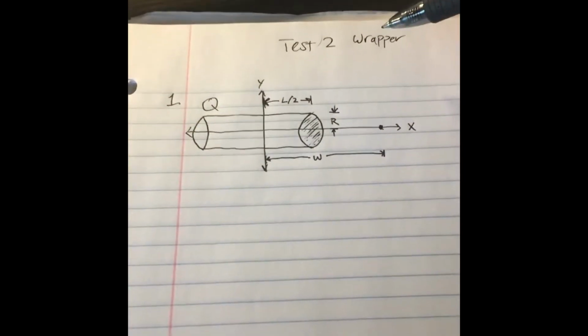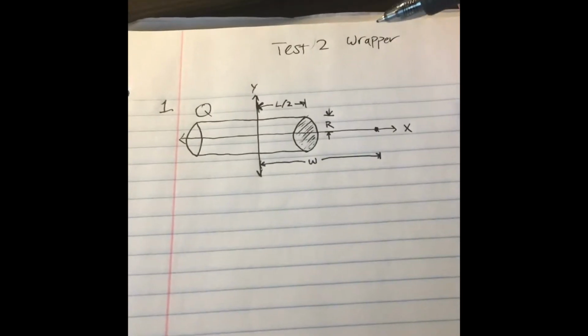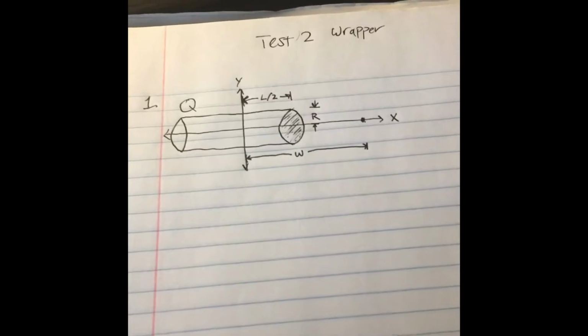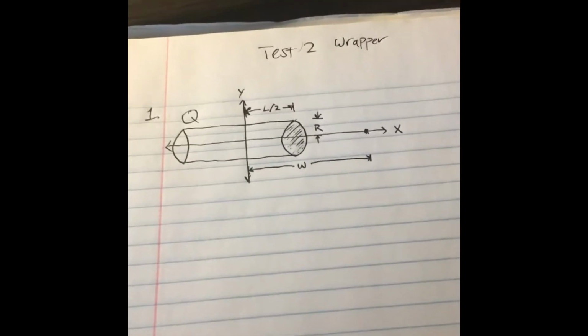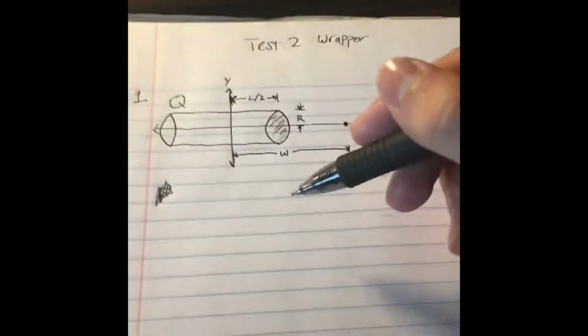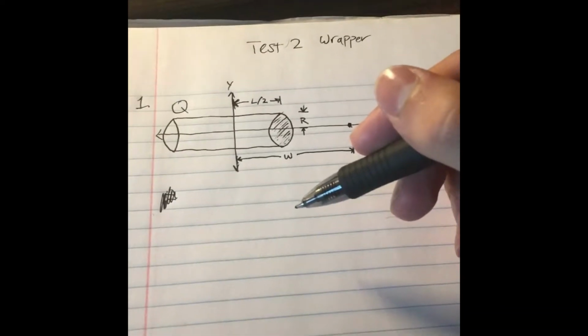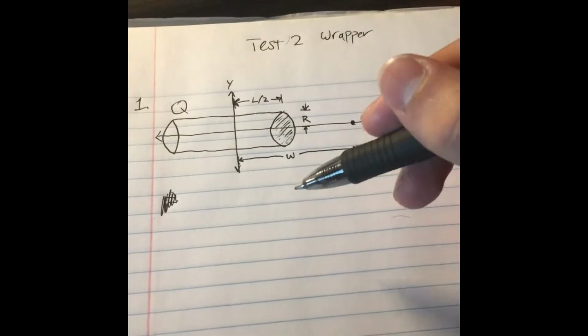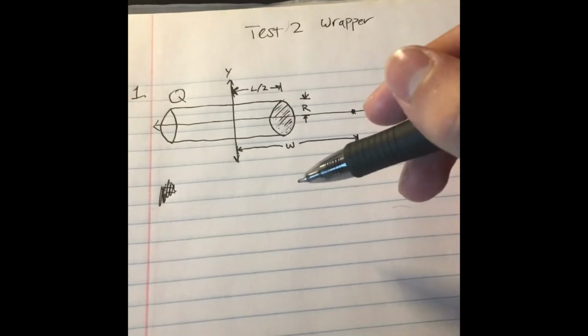So what we first want to do is consider an arbitrary slice of the cylinder that has a thickness dx and is a distance x from the center of the cylinder. So first we need to find the relative position vector that points from the center of this slice to location w.